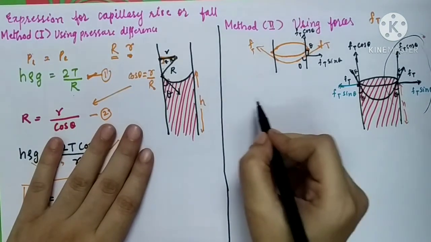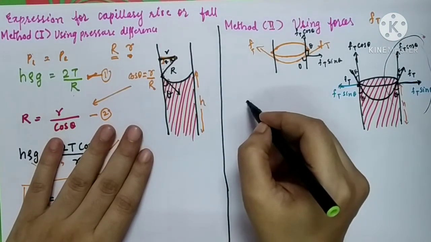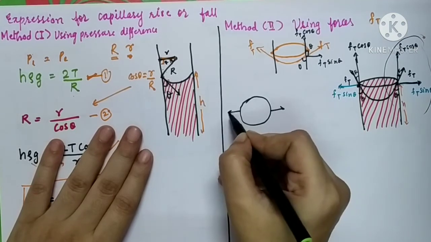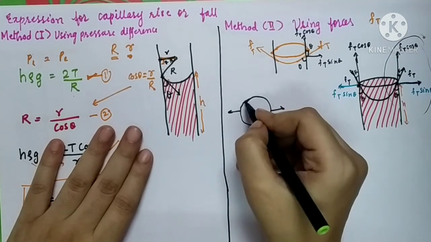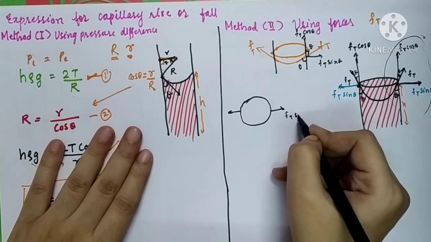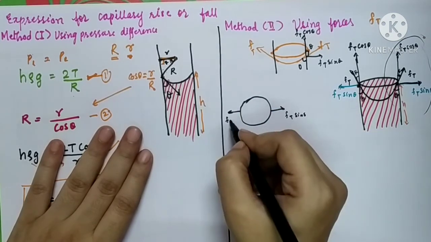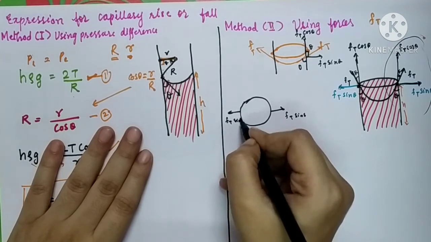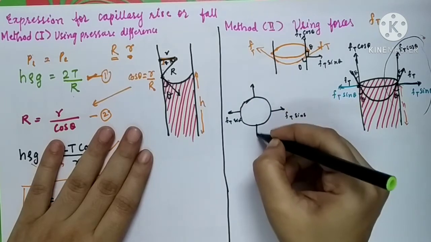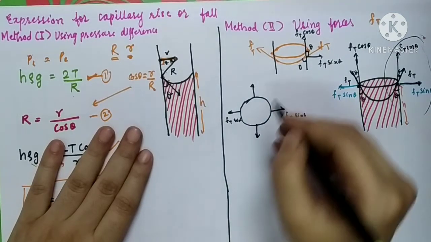If this is our circle, you will come to know that for all the points on the circle, the directions of Ft sin theta will be exactly equal and opposite. For these 2 points, Ft sin theta are going to cancel. Similarly, for these 2 points, Ft sin theta gets cancelled.